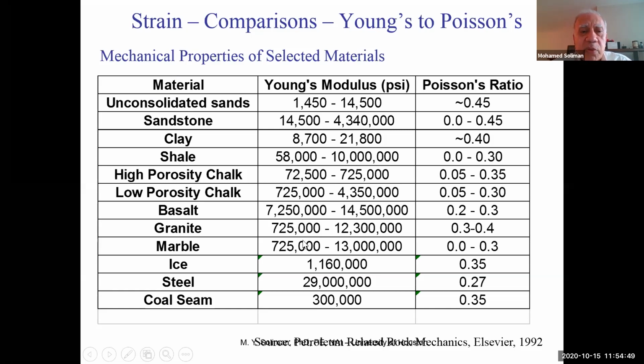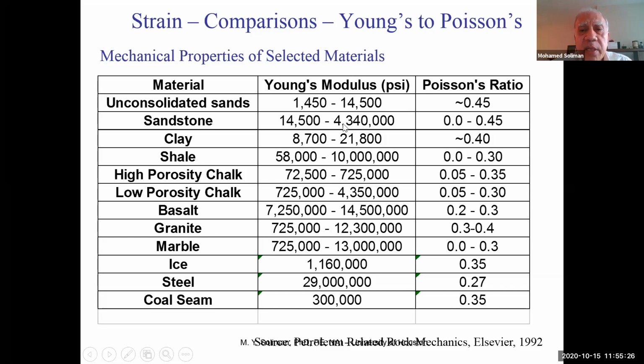You can see the values. Young's modulus for granite can be 10 million, and this is all in psi. In shale, you can have soft shale and hard shale. Most shales are not as hard. Here we're talking about hard shale that is almost as high as rock. But steel would be 20 to 30 million. Coal seam is 0.3 million. Let's look at sandstone.